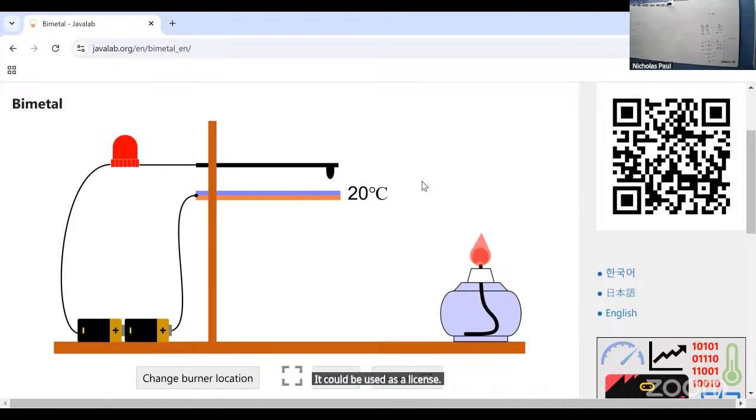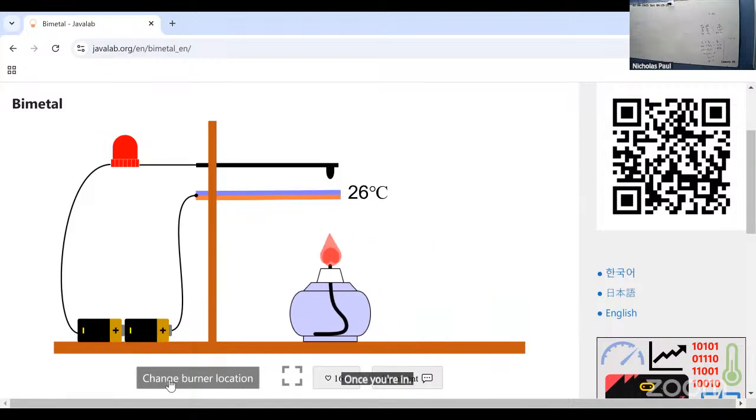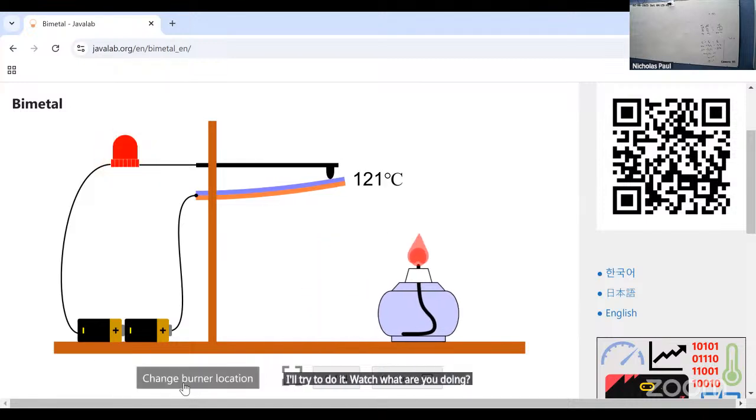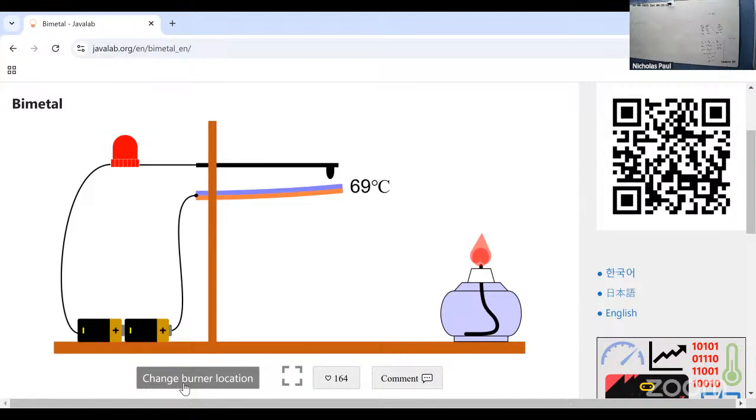What can the bimetallic strip be used as?